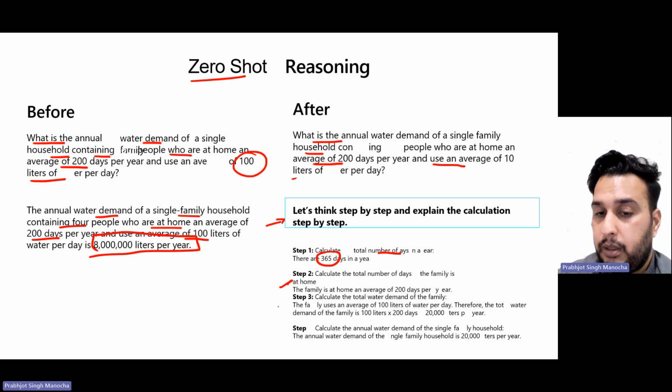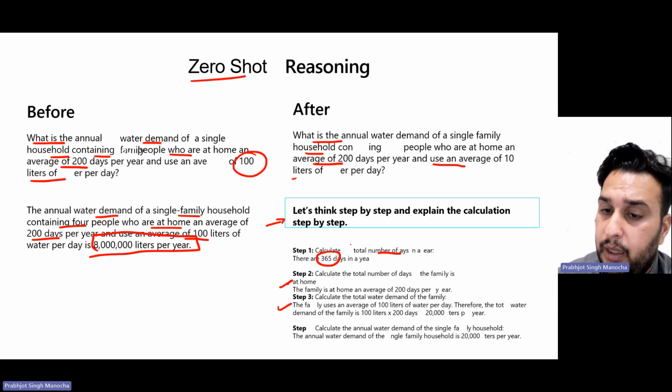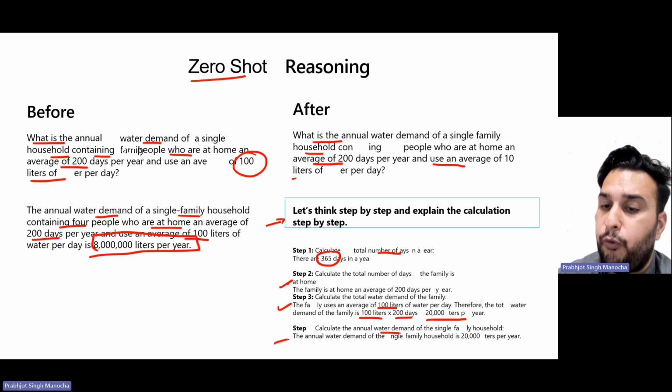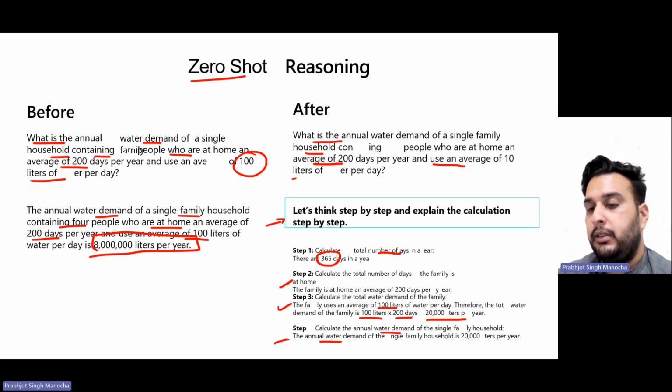Step 3, calculate the total demand of water supply. If they use 100 liters of water per day, the total demand will be 100 liters multiplied by 200 days. This will come out to be, and now calculate the annual water demand of a single family household, which is 20,000 liters per year.